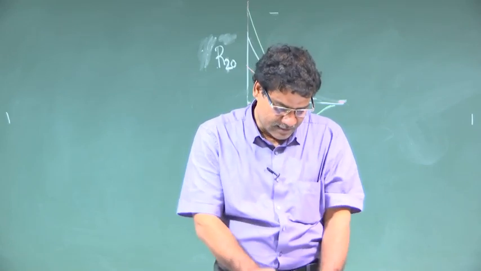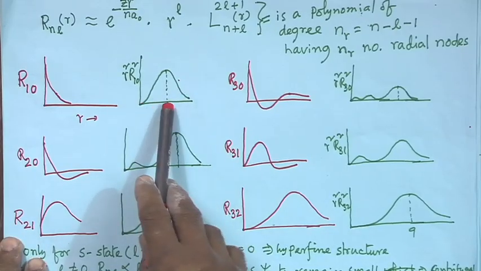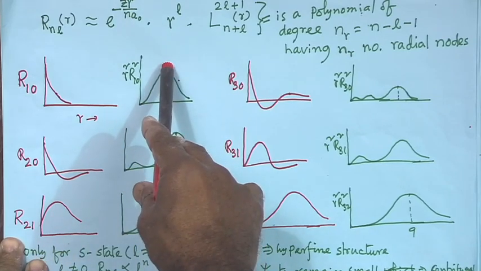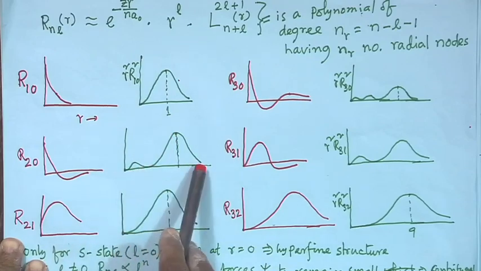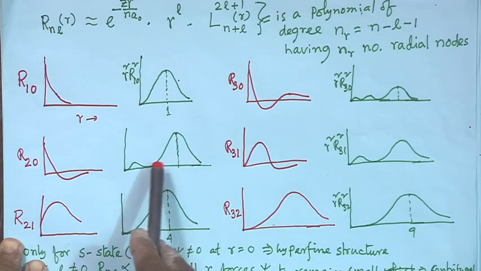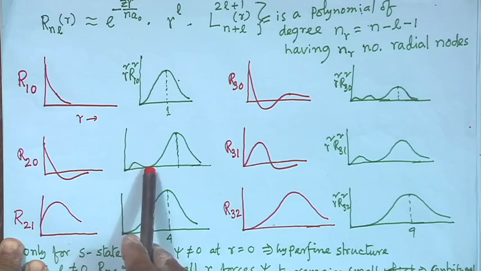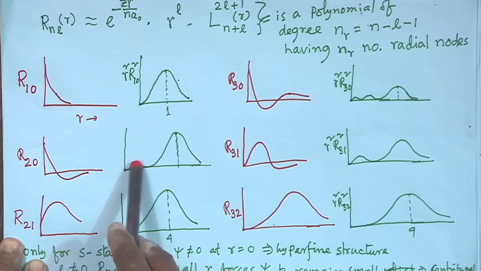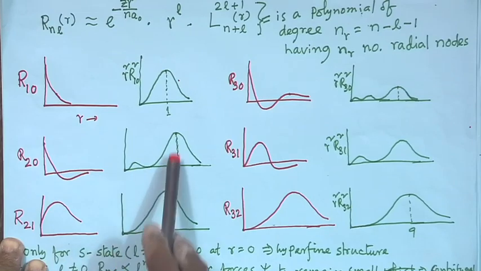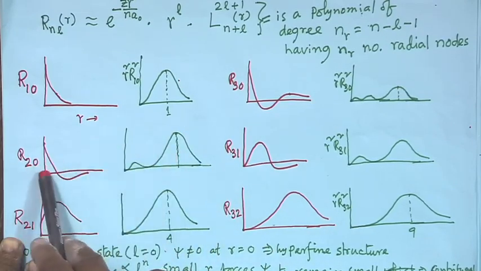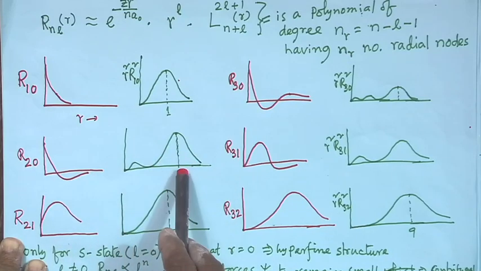So this curve is telling us this is the radius r where it has maximum probability. And the others, you can see, have tiny peaks, so a small probability there, but it is negligible. The highest probability to find the electron for this state is at this position.